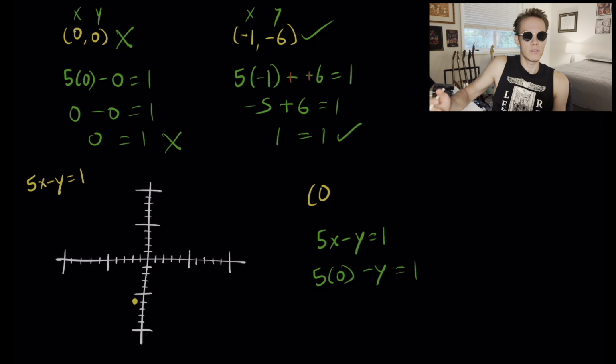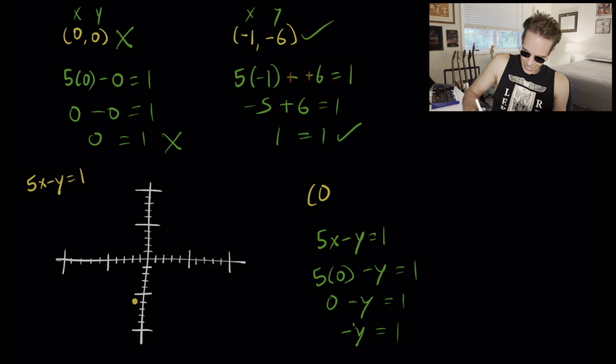So now let's solve for y, kind of like solving for the missing variable, which we did a video on in the past. So here we have 5 times 0, that's going to be 0, minus y equals 1, all right? And 0 minus y, well, that's going to be negative y equals 1.